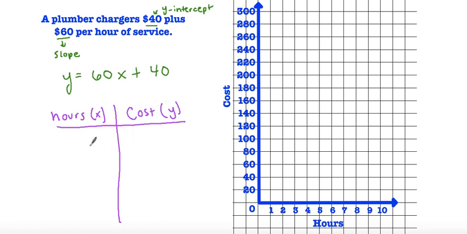And so if we have the plumber for 0 hours, just be mindful that there is an initial cost of $40. So before the plumber even starts working, there is a charge of $40. After 1 hour, the charge will increase by $60, so it'll be the $40 plus $60, which is $100.